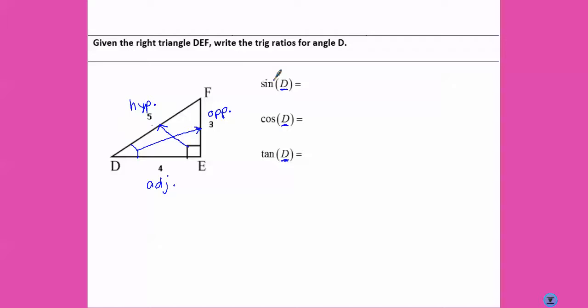So remember, sine is opposite over hypotenuse, so it would be 3 over 5. Cosine is adjacent over hypotenuse, so it would be 4 over 5. And tangent is opposite over adjacent, so 3 over 4.